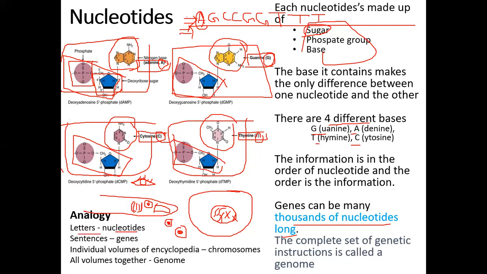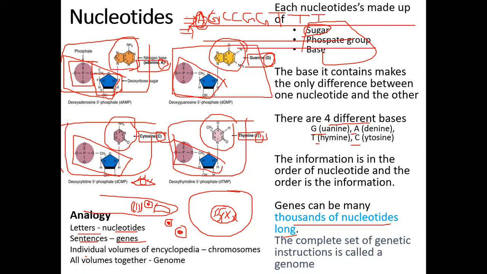These nucleotides, you can see here, correspond to the letters in your book. And the sentences are just like genes. This is one gene. There would be other genes. So these genes would look like sentences in your book.